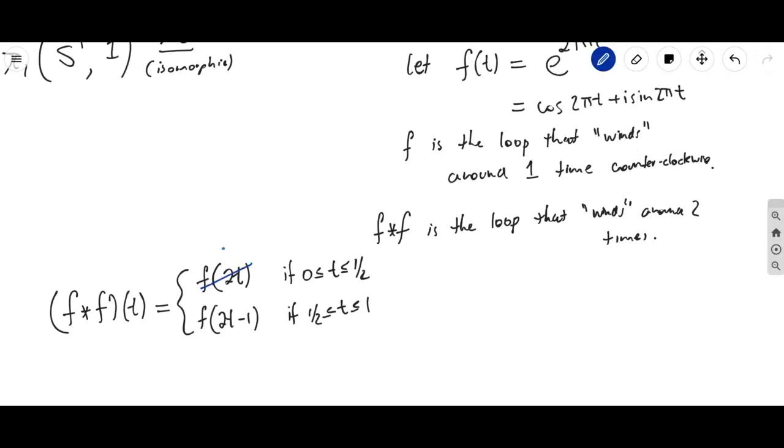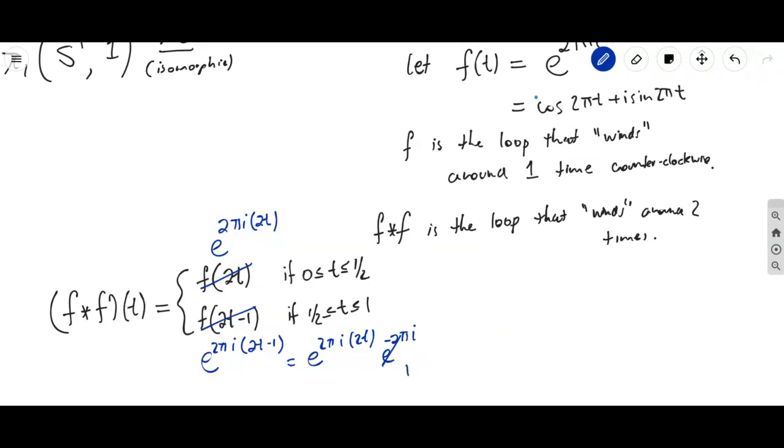This one will become e to the 2 pi i 2t, and this one will become e to the 2 pi i (2t minus 1). This is e to the 2 pi i times 2t, and then e to the 2 pi i minus 1. But by Euler's formula, this is just 1.